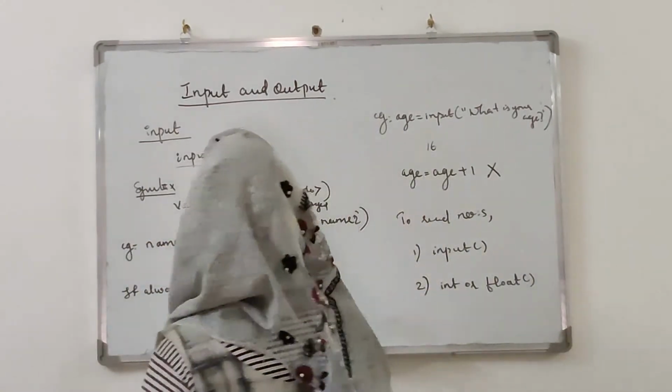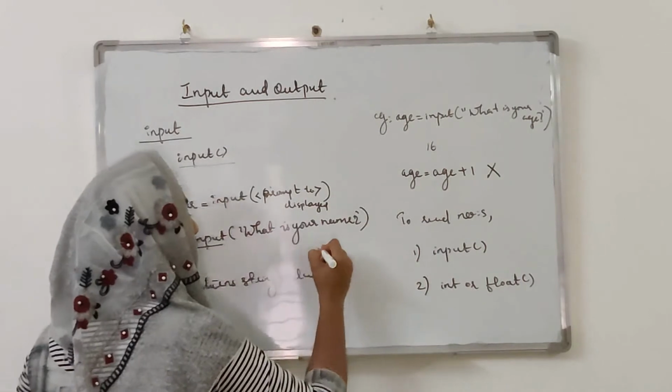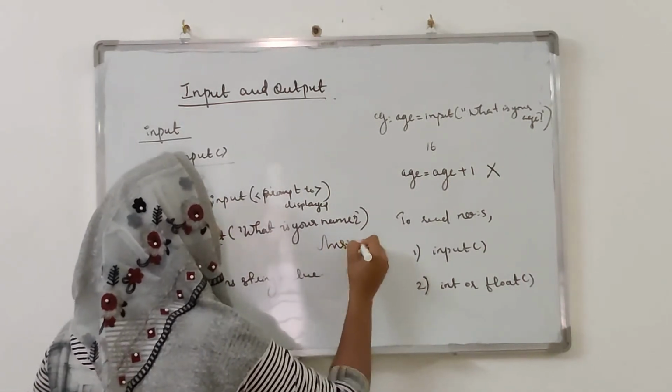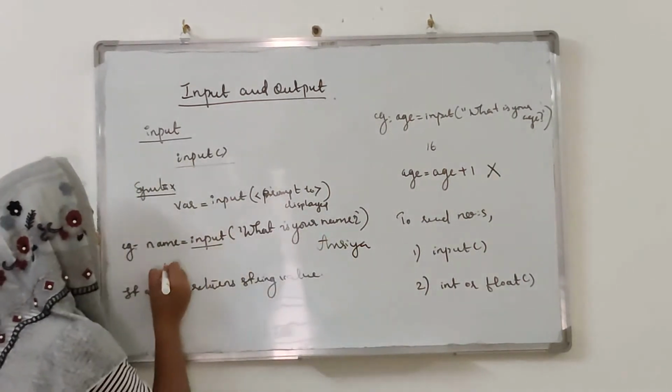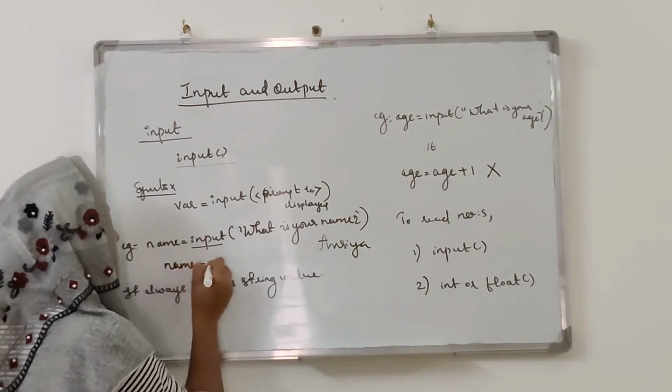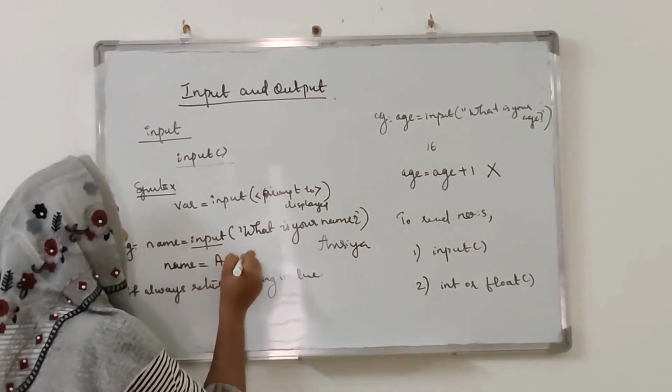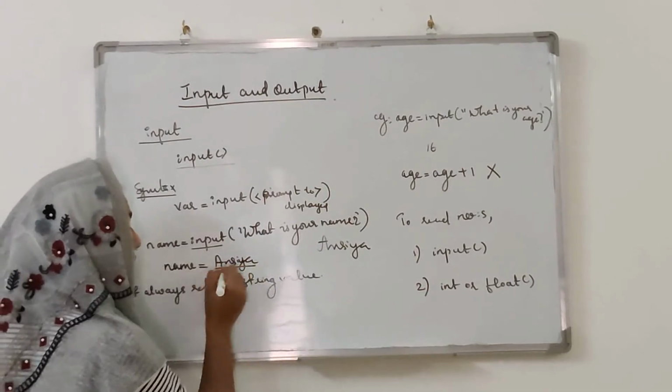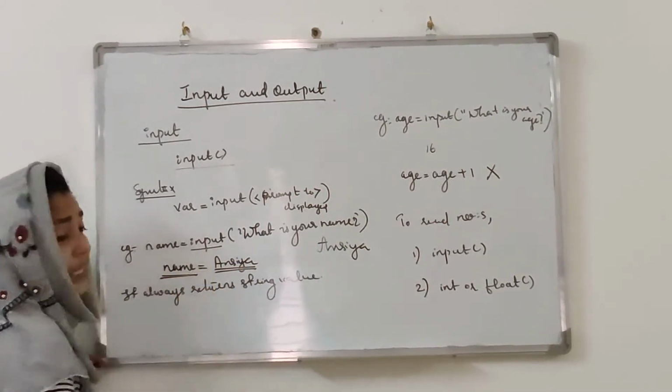Suppose at this stage I enter my name, that is Ansia. Then the value Ansia will be stored in the variable name.